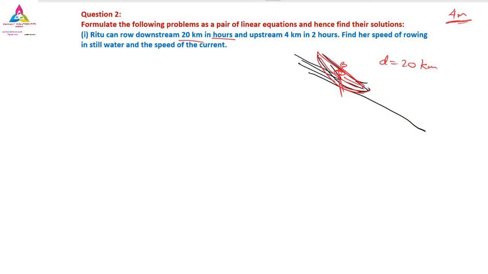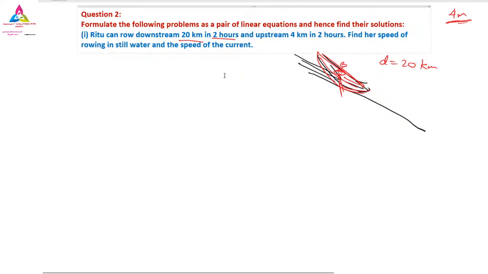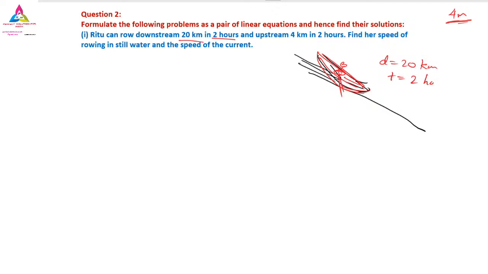Here there is the word two, I have not written it here. In 2 hours, not 1 hour. I have missed that. So the time taken for her to go down is 2 hours. Okay, so this is the downstream.